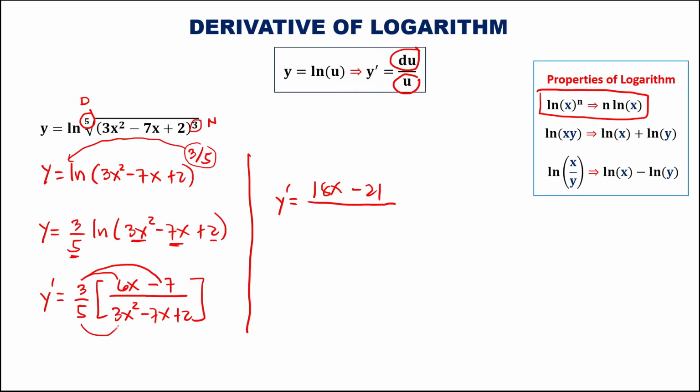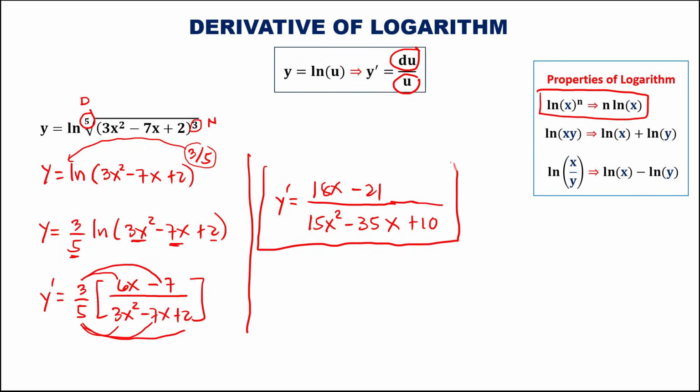Then this 5 times 3x squared, so this becomes 15x to the power 2. 5 times negative 7, so negative 35x. Then 5 times 2, that's 10. Then observe, since there is no common factor for all the numbers, this is now the derivative.